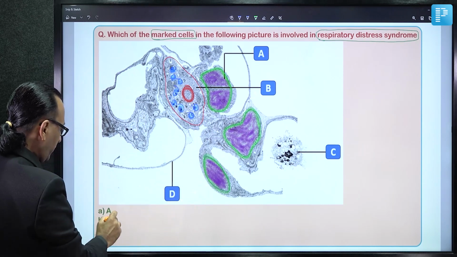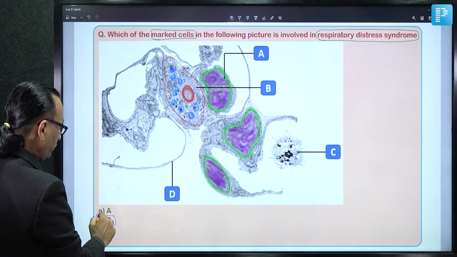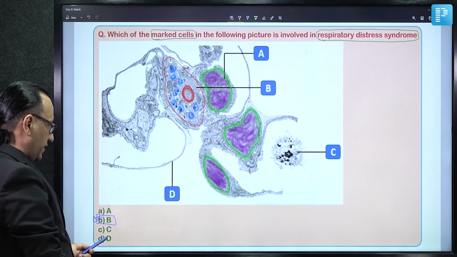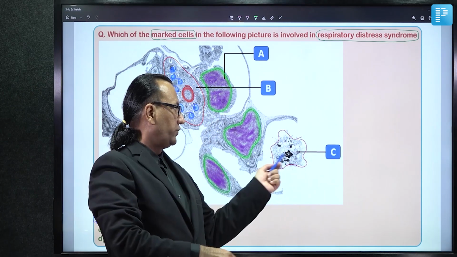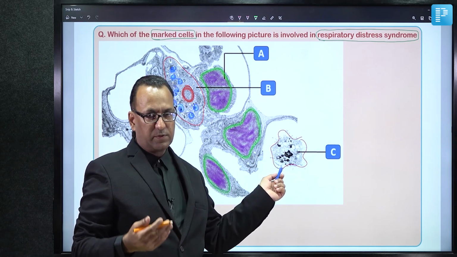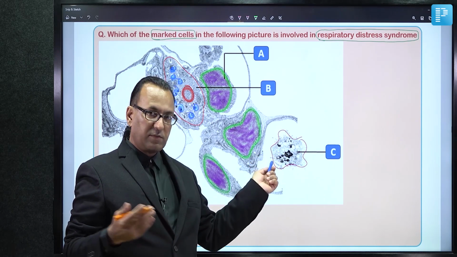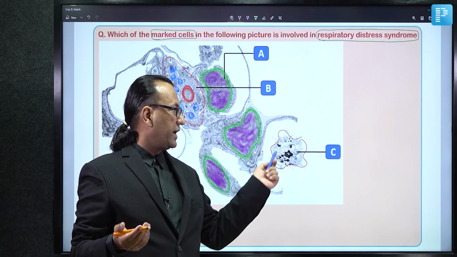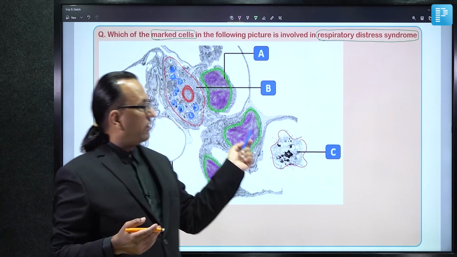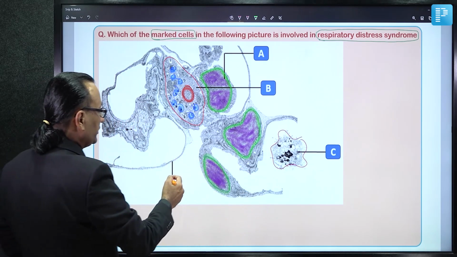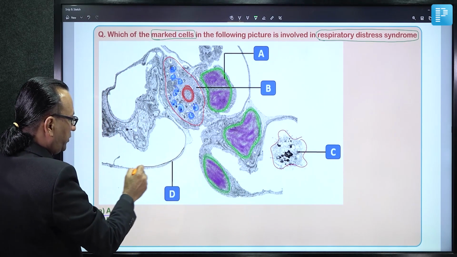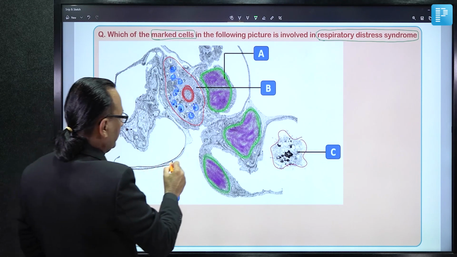Now you have got your answer, fine, but what about markers C and D? Marker C, as you can see, is an alveolar macrophage to phagocytize any foreign substance, maybe some microorganism, etc. It will have pseudopodia-like structures and can move into the alveoli as well. And then marker D, as you will notice, has very thin cytoplasm and is a simple squamous epithelium.